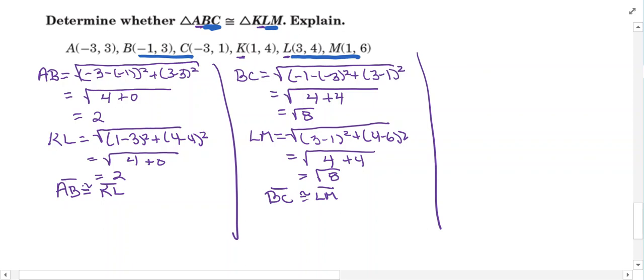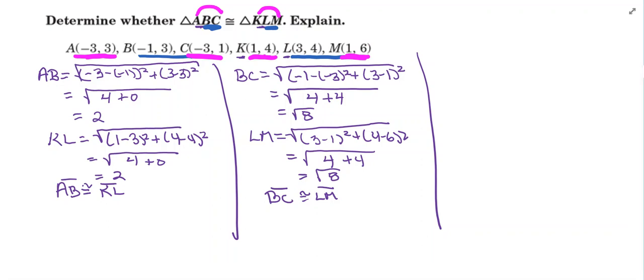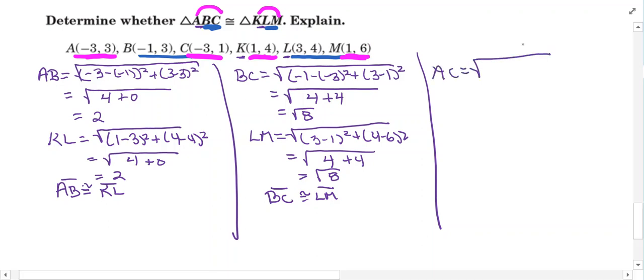We have to do it for the final set of sides, which is AC and KM. So AC would be -3 minus -3 plus 3 minus 1, both of those squared.